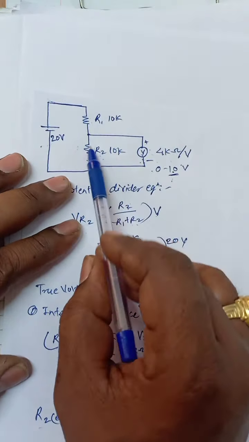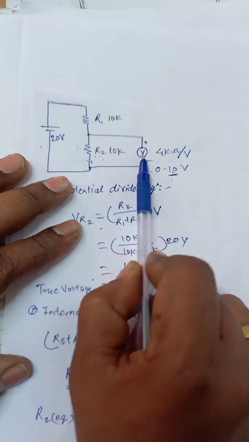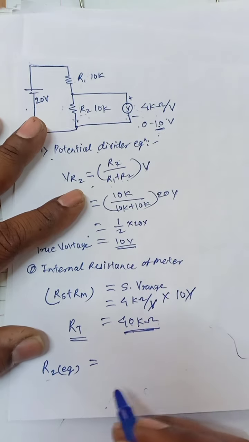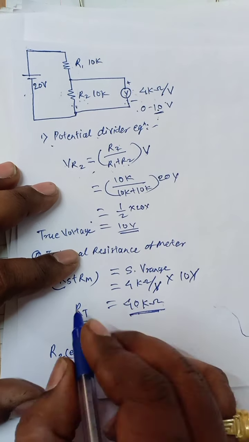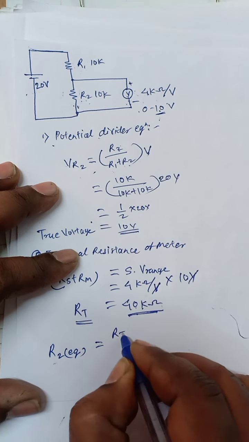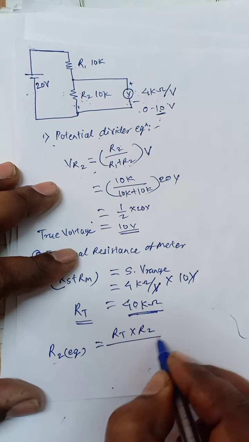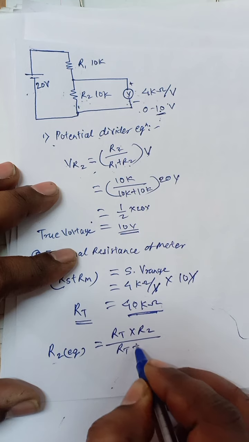If two resistors are connected in parallel, we can easily find the equivalent resistance by using the formula: RT into R2, divided by RT plus R2.